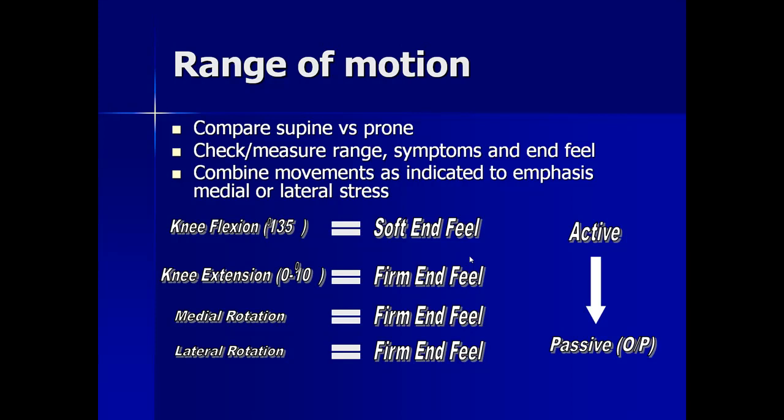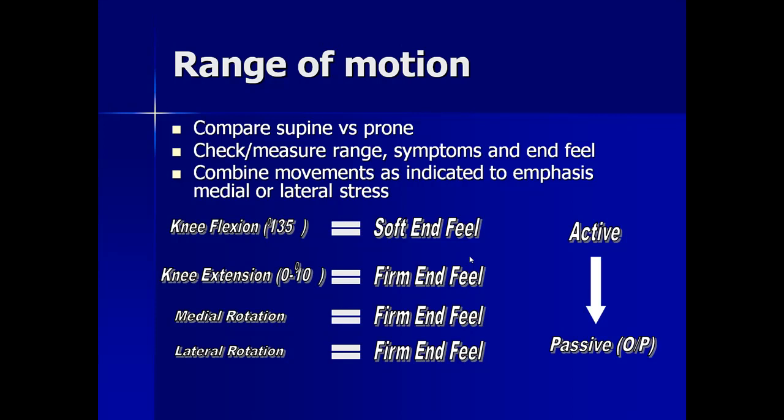When considering the end feel of the knee joint, this may help you to determine whether the end feels are normal within your client. During knee flexion, a normal end feel of softness is felt at about 135 degrees. The softness is due to soft tissue apposition of the calf versus the hamstring muscle.